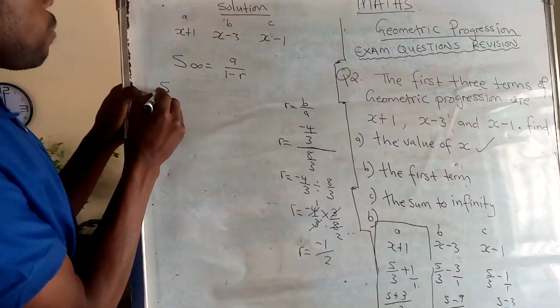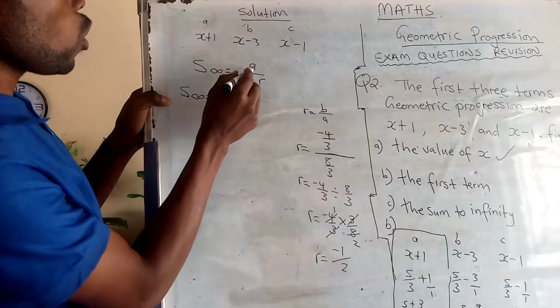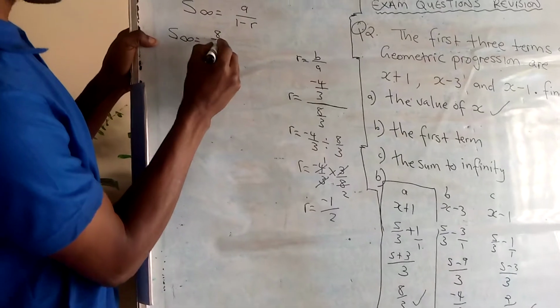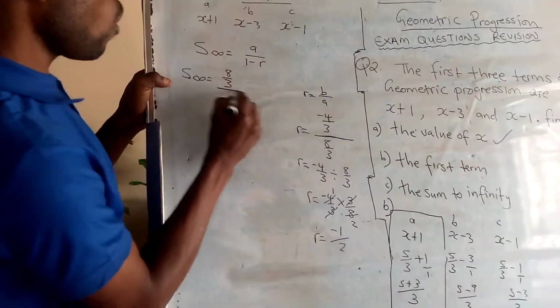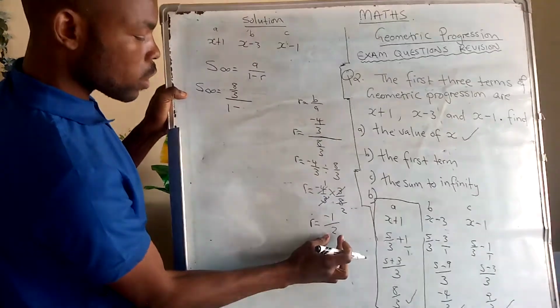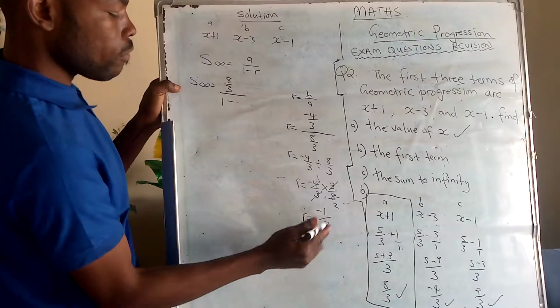So you come and put them where they're supposed to go. Sum to infinity is equal to your A, which is 8 over 3, over 1 minus your R. Your R is -1 over 2.